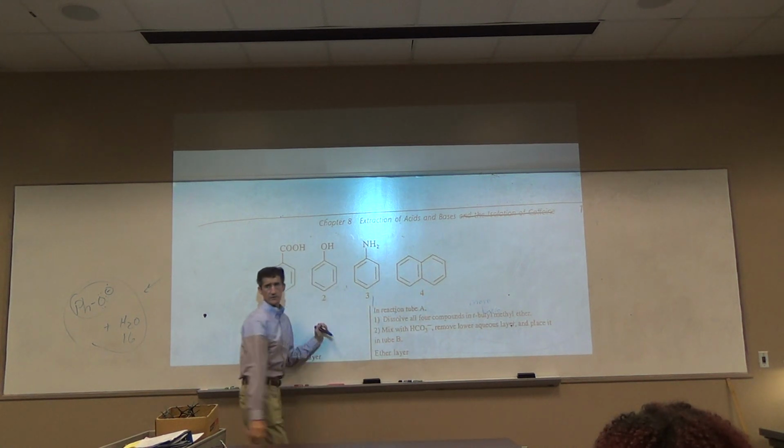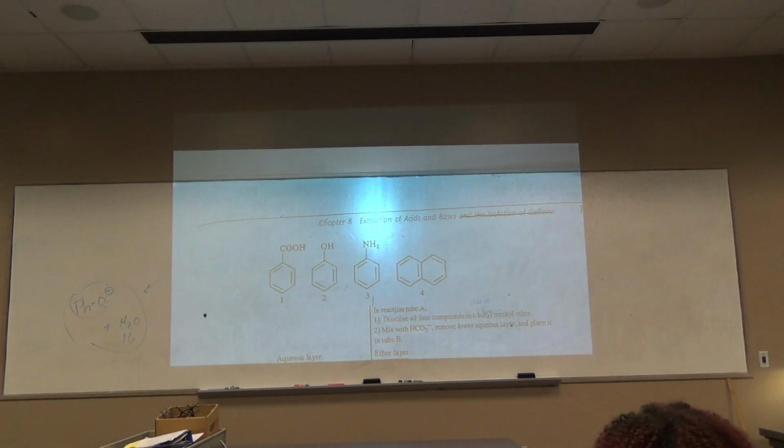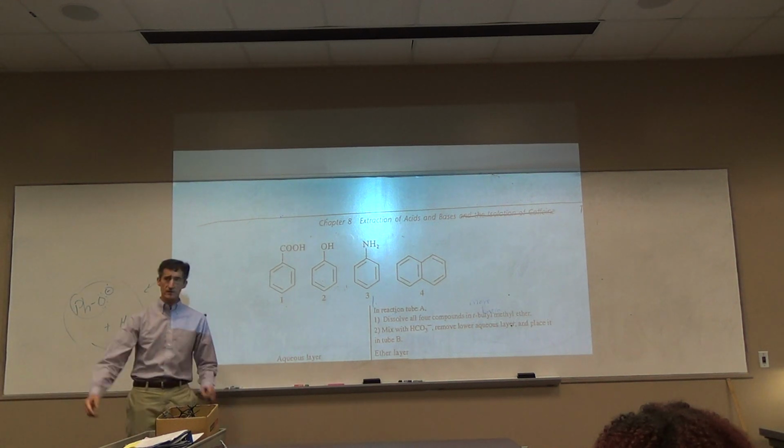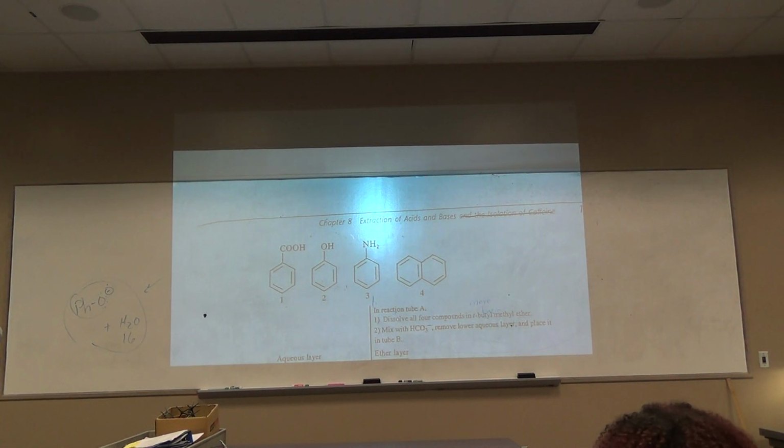And 1 of them is neither acidic nor basic, just hydrocarbon. And we can separate things with 2 layers, an organic solvent and an aqueous. How can we make compounds move into the aqueous layer? Make it an anion or a cation. Make them charged, anions or cations.